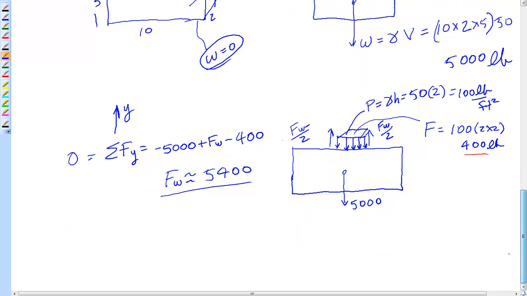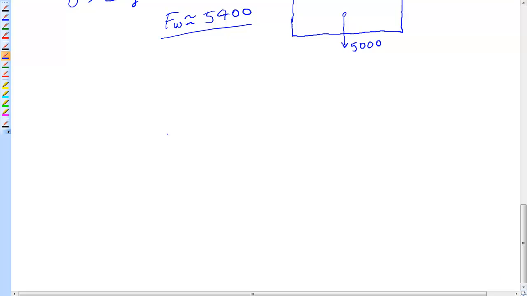Now let me state what I was talking about before. Let's say I had a member that looked like this.